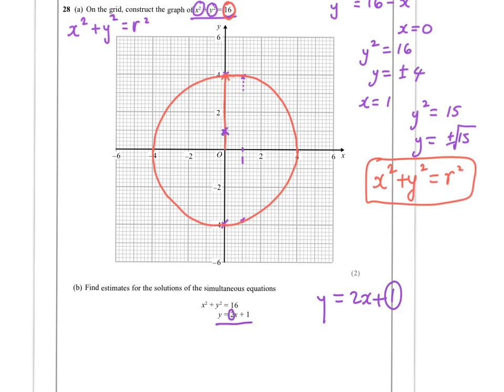So that means every one I go along, I'll go up by 2 here. So there's another point, and I can just put a line through here, because I only need 2 points to plot a straight line. So let's go with that. And I can move this here, and I'll put it through those 2 points as best as I can.